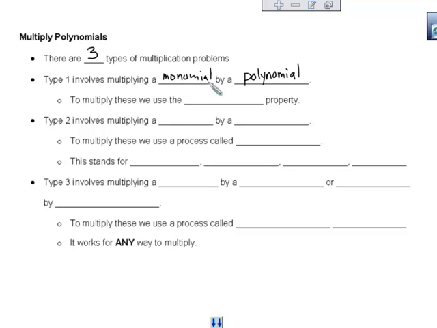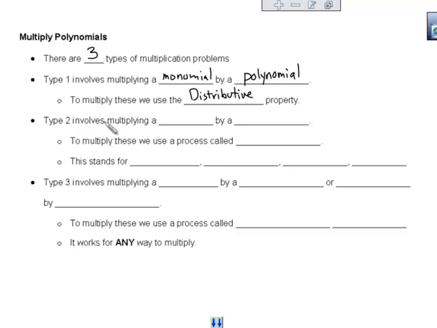And for those of you who don't remember, monomial means one term, polynomial means one or more. So any type of situation where you have a monomial being multiplied by any polynomial, you can use the distributive property. And that will help you multiply those two terms, or those two scenarios.